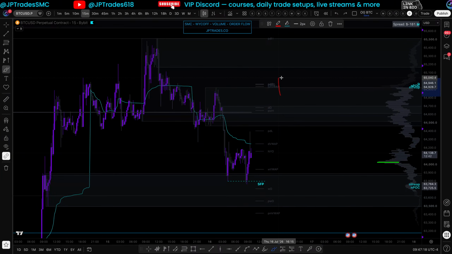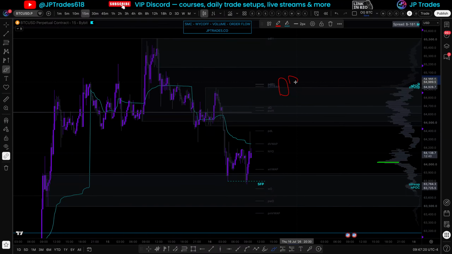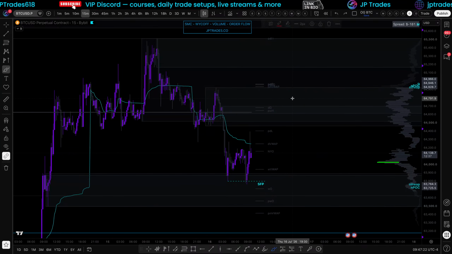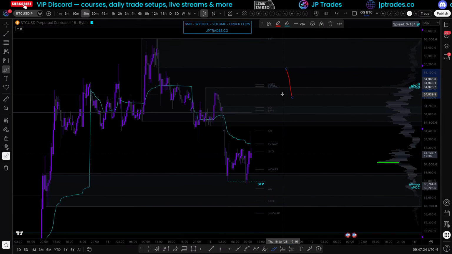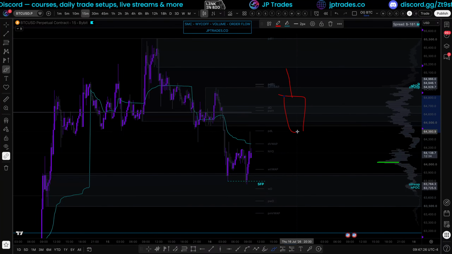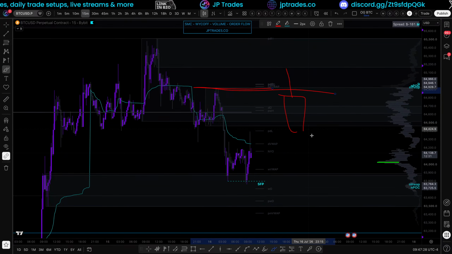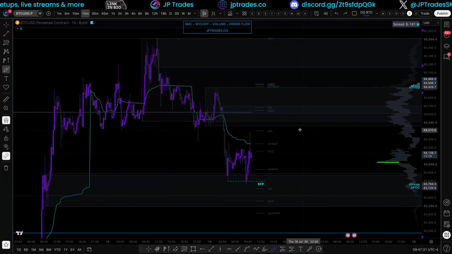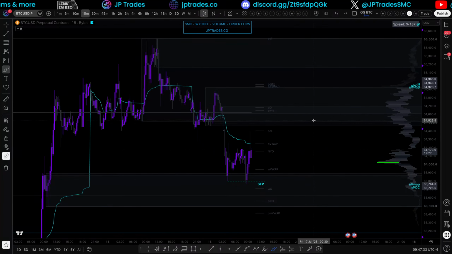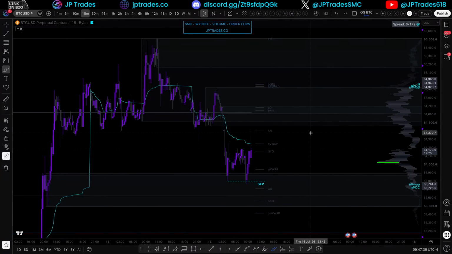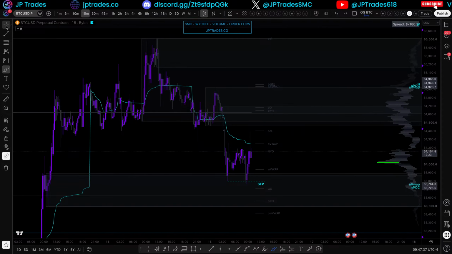However, if you see a 15-minute candle close like that, but maybe a 4 or 6 hour looks like this, and it's just a higher time frame SFP, you have to wait and give that some breathing room to let it form on the higher time frames.